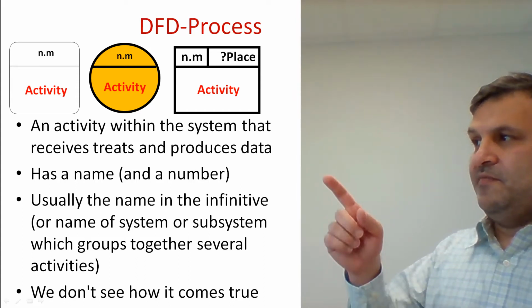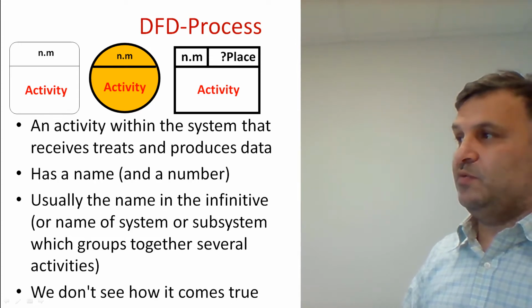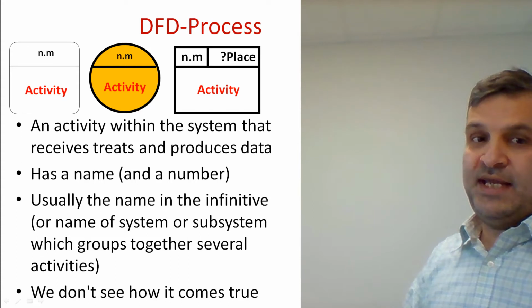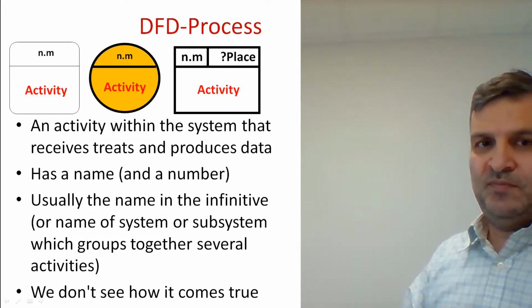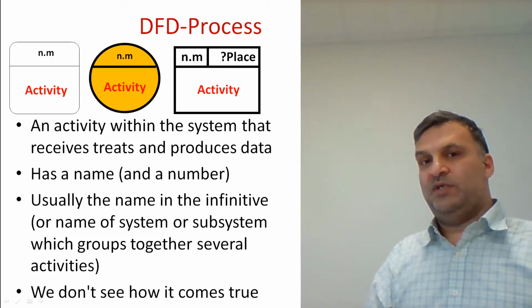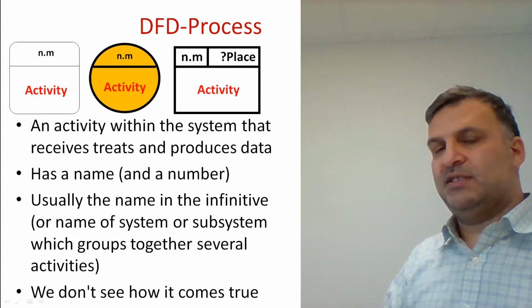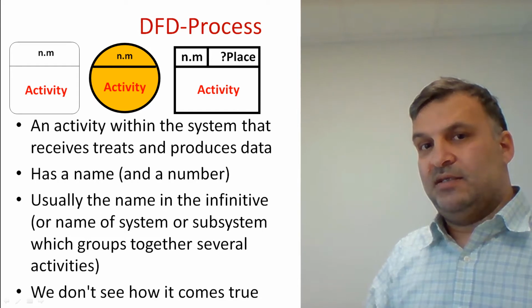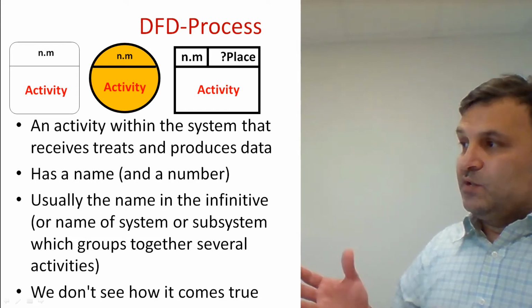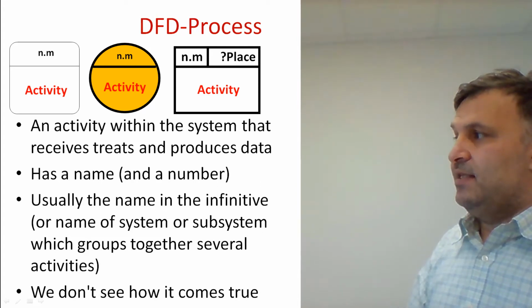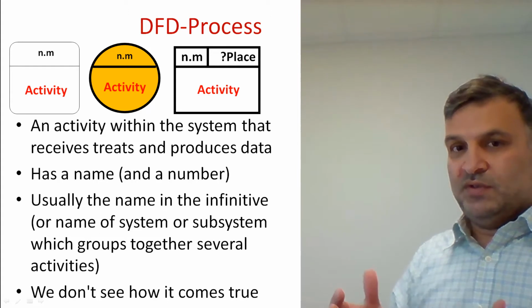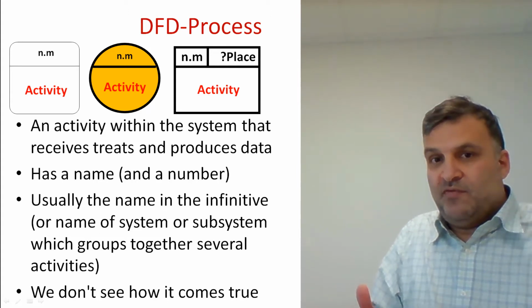We can see to the left the most famous one, in which we can put the name of the function and the number, because DFD correlates all the processes together. We saw, for this reason, we presented the functional tree first. What is a process? It is an activity within the system that receives, treats and produces data. So it should do something for the data.